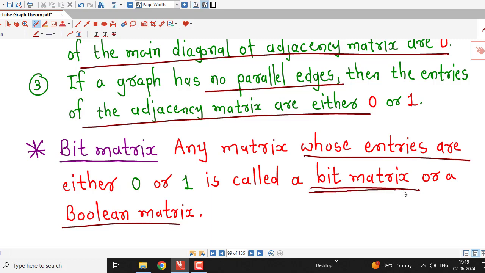They can ask you the definition of Boolean matrix or bit matrix also. So remember this definition: a matrix whose entries are either 0 or 1 is called a Boolean matrix or bit matrix. And if a graph has no parallel edges, then its adjacency matrix is a Boolean matrix or bit matrix.